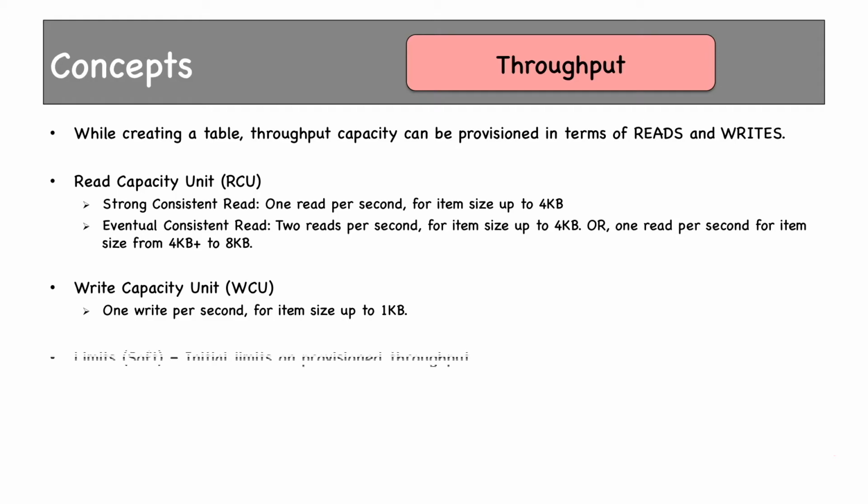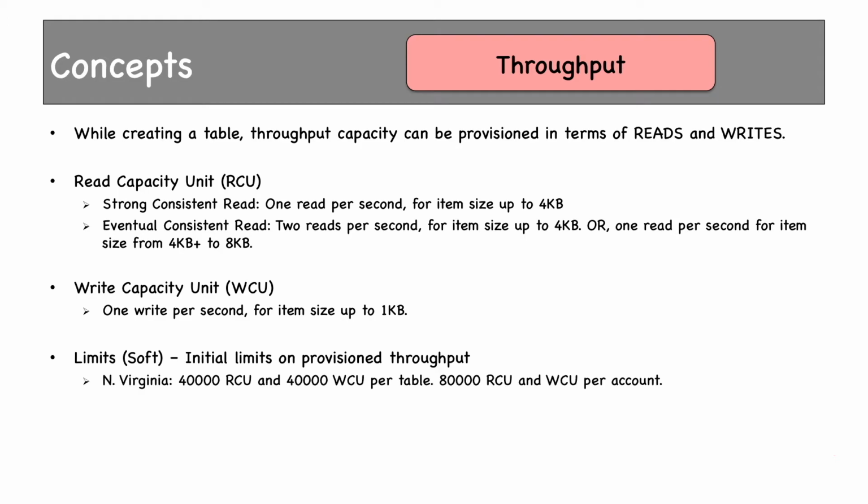You cannot get unlimited RCU or WCU. AWS puts some soft limit on them. Anyway, you can get them increased by raising a case with AWS. In North Virginia, the maximum RCU and WCU which you can get per table is 40,000, and per account you cannot have more than 80,000 RCU and WCU.